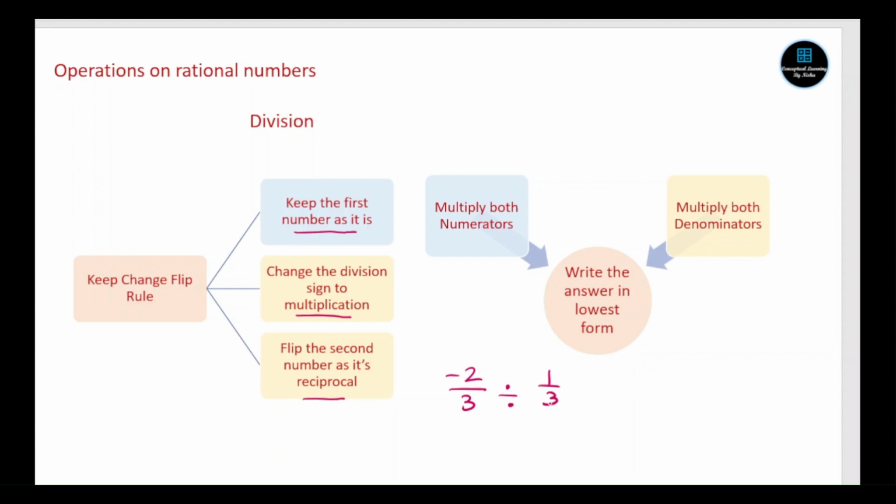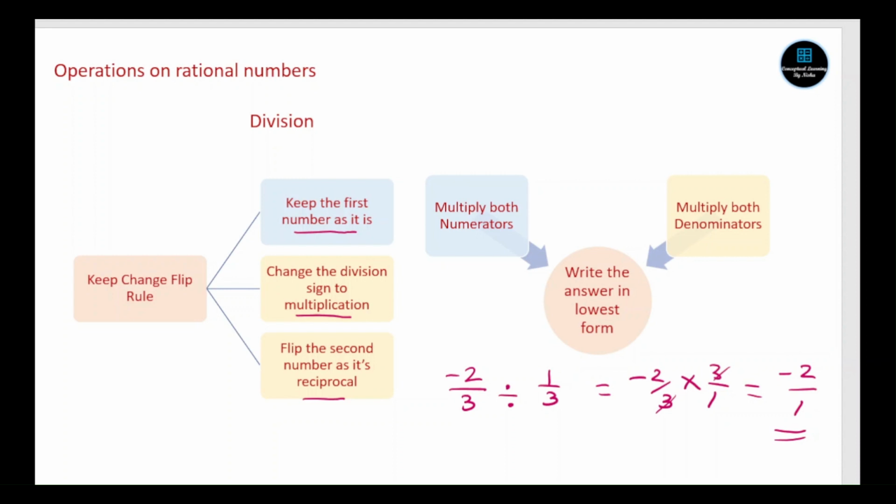We apply the keep, change, flip rule. Keep the first number, -2/3, as it is. Change the division sign to multiplication and take the reciprocal of 1/3, which is 3 over 1. Now I can simply multiply these numbers. I can cancel out 3 and I'll get -2 over 1. So this is my answer.